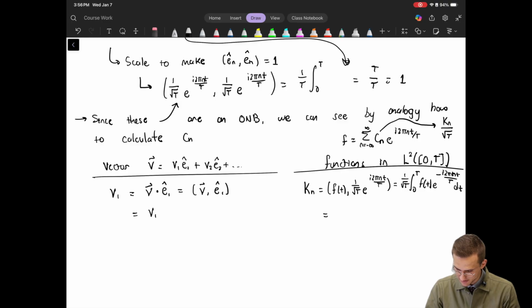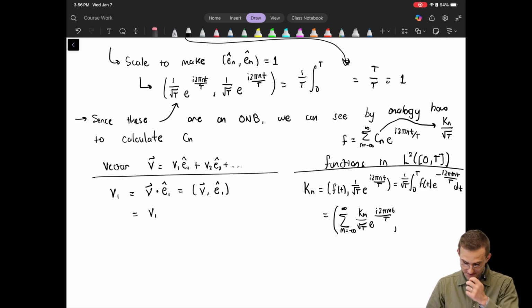But then we also know what the series representation is, and for f of t we can put in the sum over m from minus infinity to infinity of km over square root of t e to the I 2 pi mt over t.